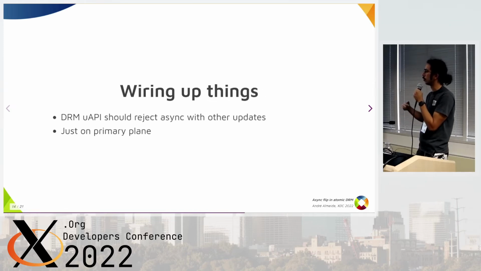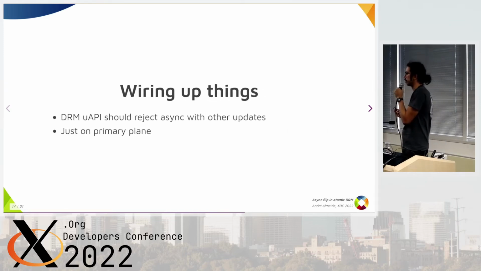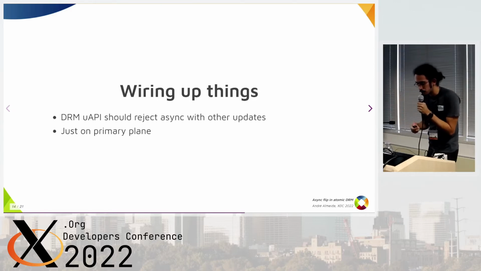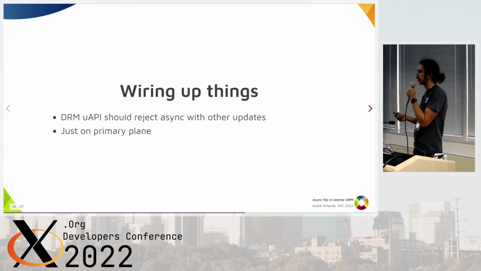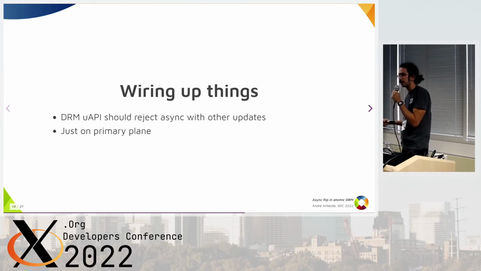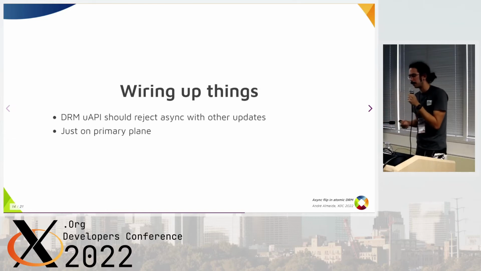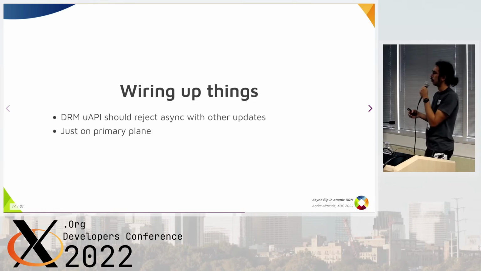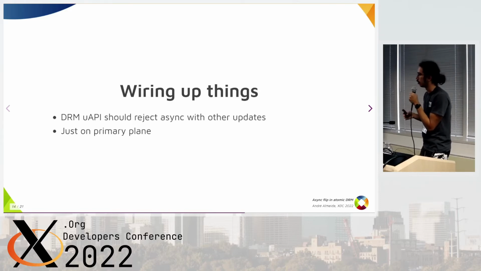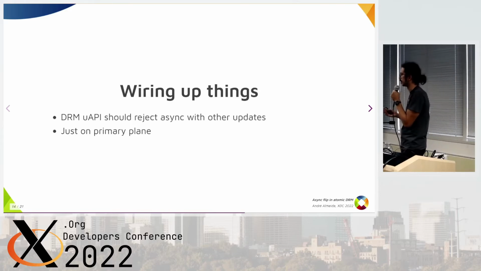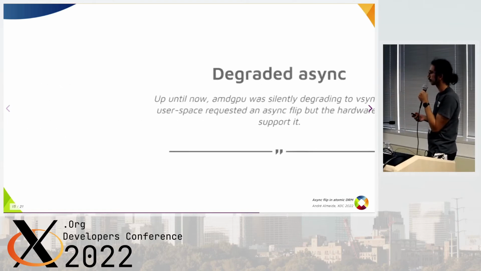We also figured some stuff out: DRM should reject any other change, because it seems that you can't async flip and change other things of the frame buffer. It seems that the hardware can do that when doing a sync flip, and just work on the primary plane. I think this is another hardware limitation.